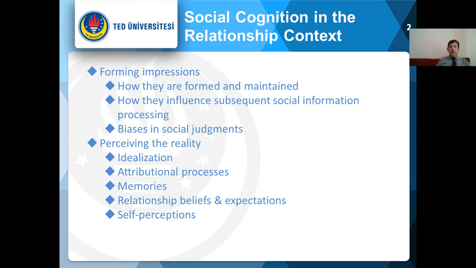And finally, our self-perceptions can influence our preferences for selecting and choosing among partners, or our motivation for maintaining our relationships. So this is a general outline of the basic topics that we will address today.